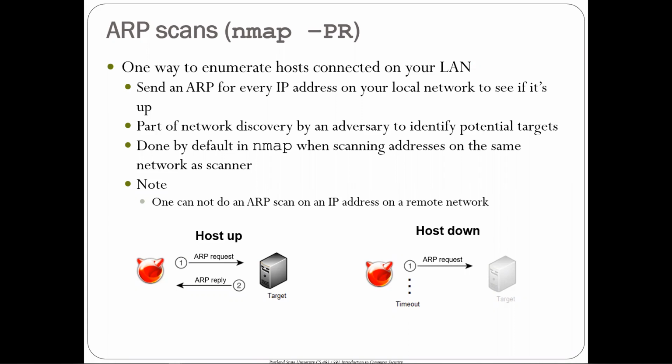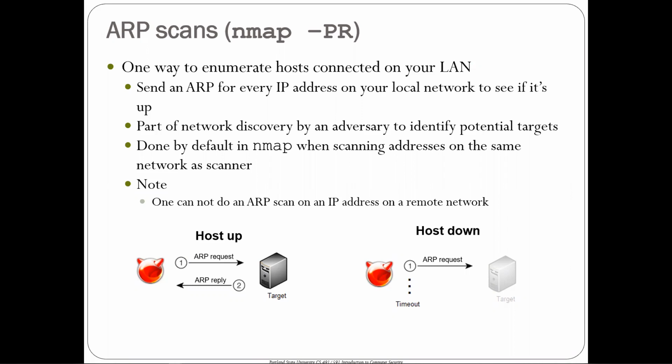We'll talk about stealth scans, because if you're doing this, someone's going to notice. It's like, why is this particular address asking for every single MAC address of every single IP address on the network? So adversaries are like, okay, if the defender is smart and is looking for this scan, I don't want this done by default. We'll talk about sneaky scans later on in this class.